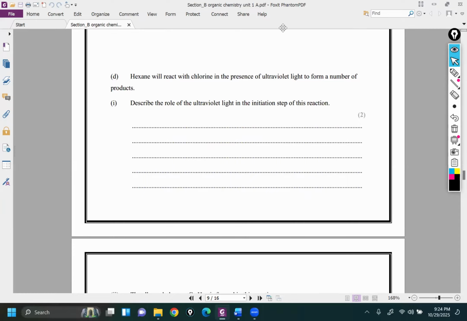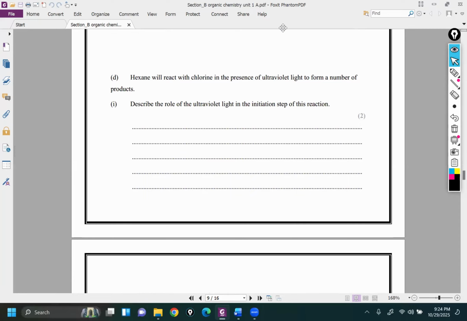Hexane will react with chlorine in the presence of ultraviolet light to form a number of products. Describe the role of the ultraviolet light in the initiation step of this reaction.